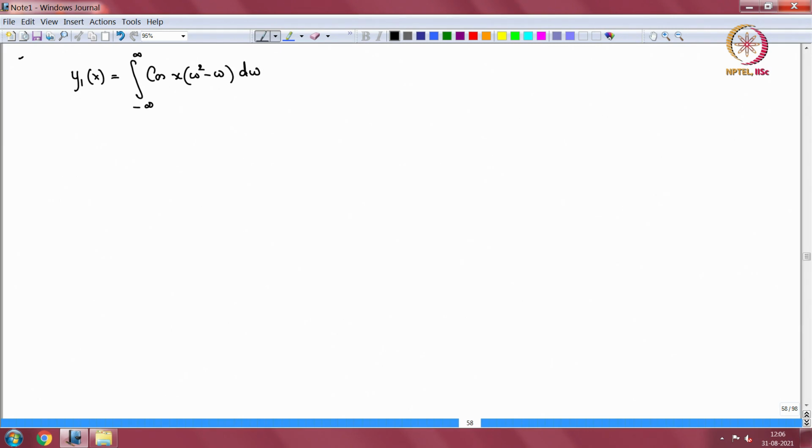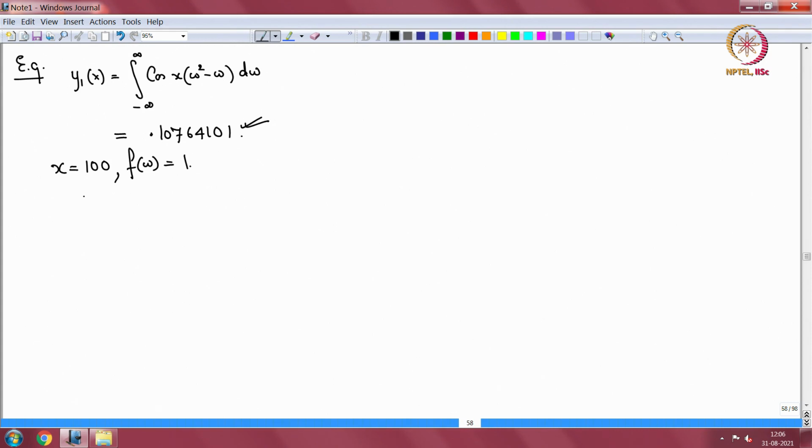This is an example. If I use the method of stationary phase, I get an answer of 0.10764101 etc., and I choose x equal to 100 and f of omega equal to 1. So this is the method of stationary phase answer.